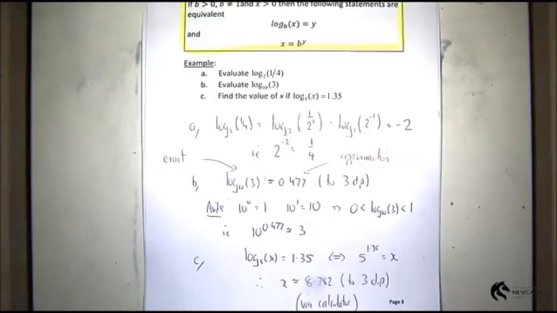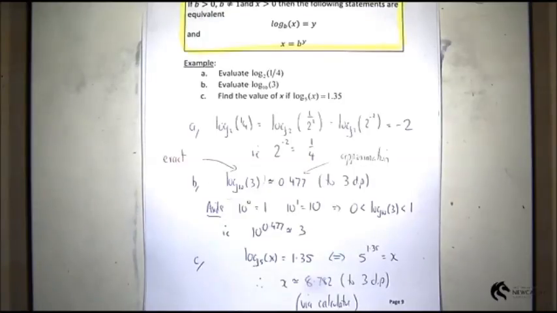E for Euler. And it is irrational. It's like pi. Its decimal representation goes on forever with no repeating pattern. The actual value is about 2.718, etc., etc. It goes on like that.